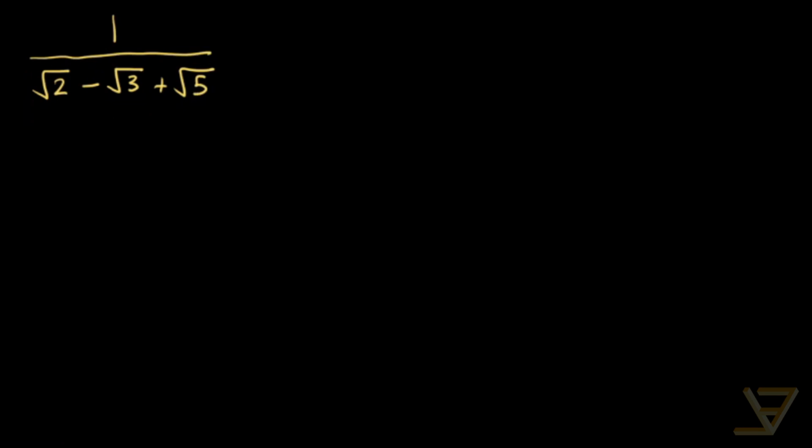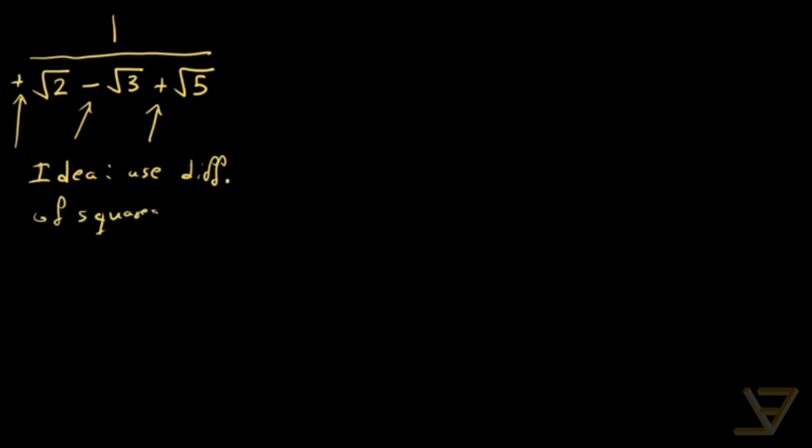The technique I'm about to show you is going to work no matter what the signs are, like this minus and this plus and the invisible plus over here. It's not going to matter. The idea is the following. Use difference of squares twice. So let's test it out.